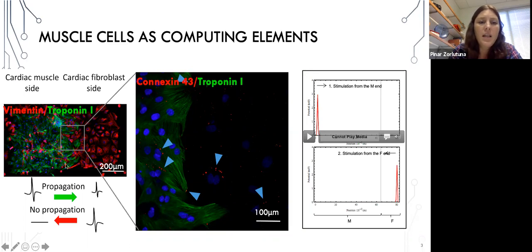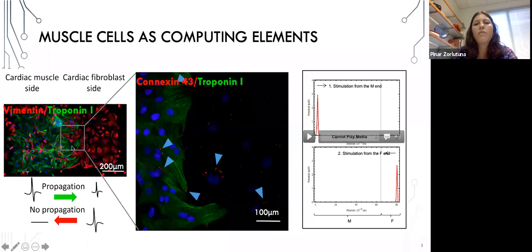Once it hits the boundary with fibroblasts, it starts attenuating, because the ions can still pass internally between the cardiac cells and the fibroblasts, and to a certain degree within the fibroblasts too, but the signal cannot be regenerated. So a new action potential cannot be produced.